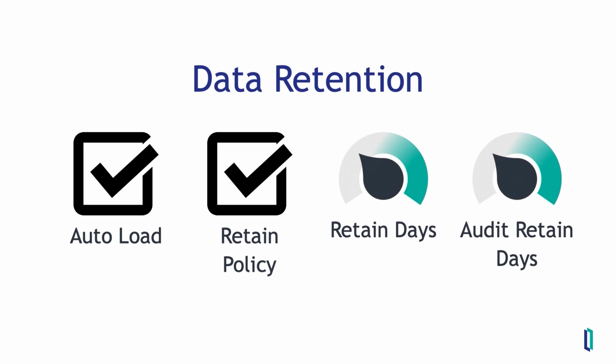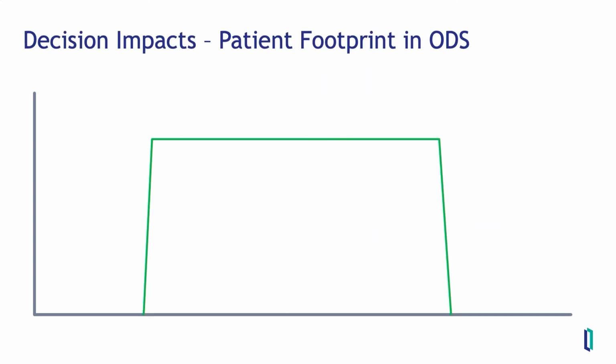So what does this end up looking like in terms of a curve? If you were imagining this was a single patient in an ODS, when the data arrives into the ODS is going to be driven by that auto load function. If it's only when somebody accesses the patient record, it's going to push that line over this way. If it's right when the data arrives, it's going to be over here.